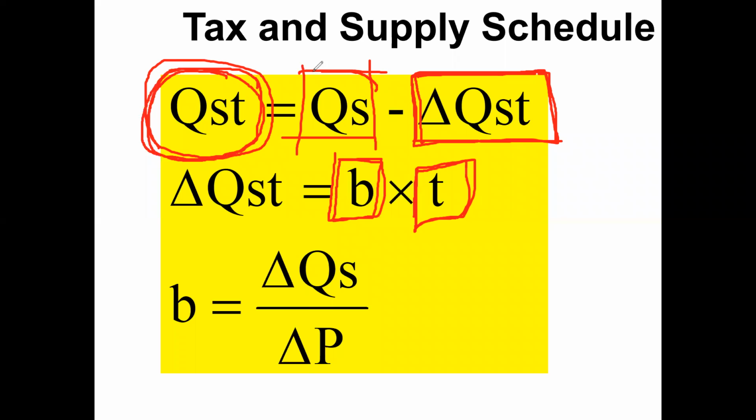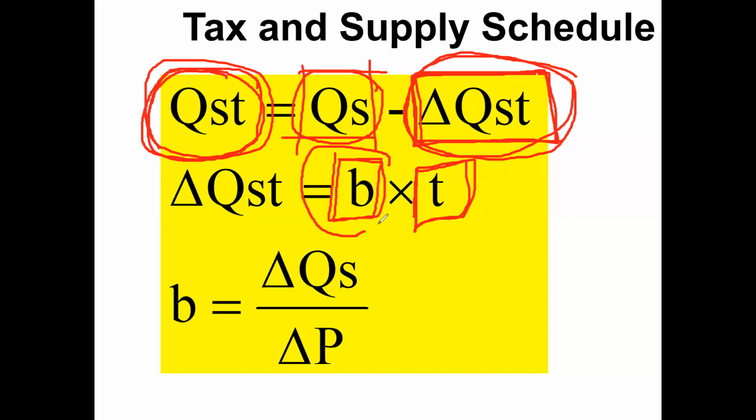QS equals supply quantity before tax. Delta QST, change in supply quantity due to tax. B equals slope of supply equation. T equals unit tax.